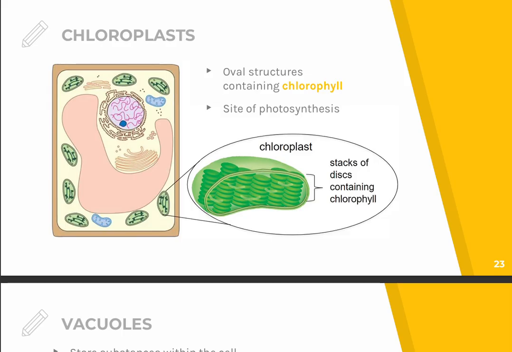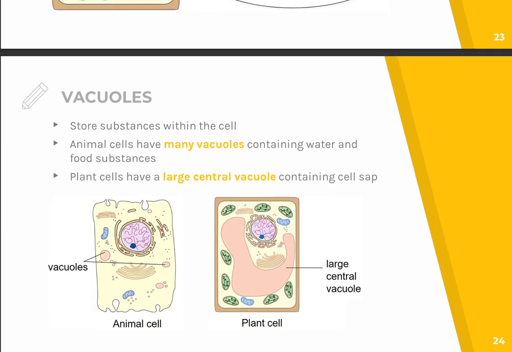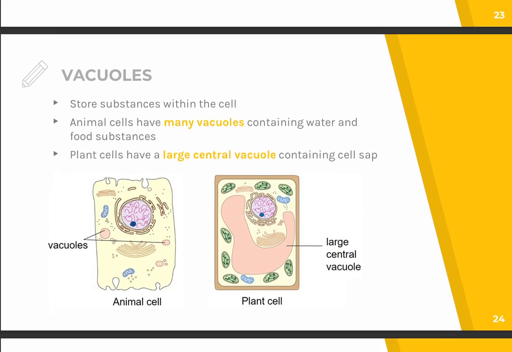Now let's move on to the next organelle, which is known as the vacuoles. Even animal cells have vacuoles, but plant cells have bigger vacuoles, and animal cells have smaller vacuoles. At your home, you have a fridge. That's the place where you keep the extra food, the extra stuff you have left over, right?